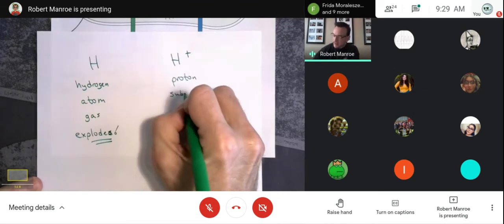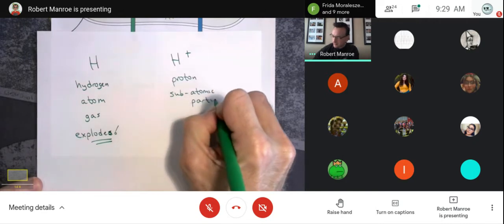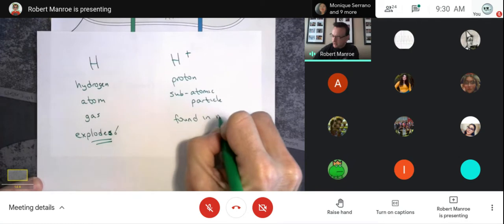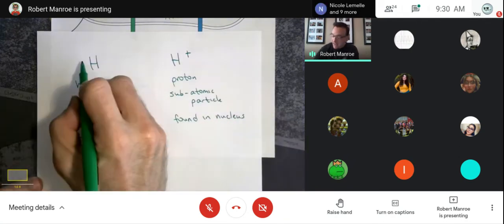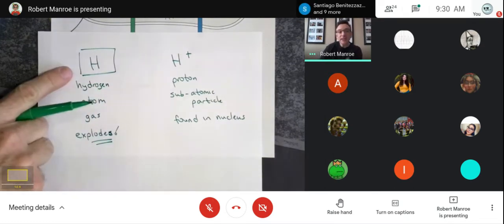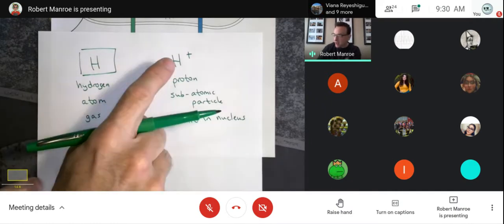This is a subatomic particle, and it's found in the nucleus. So there is a big difference between hydrogen, an element on the periodic table, and a proton, a subatomic particle.